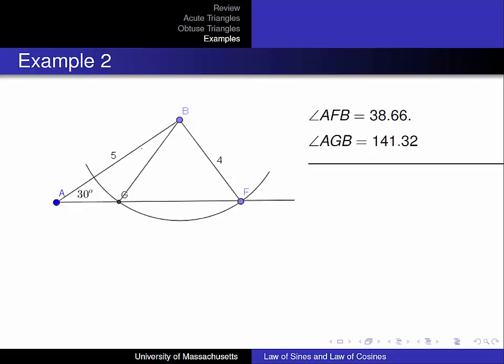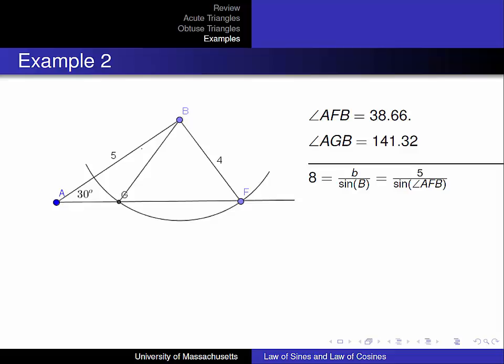Now to solve for the remaining sides and angles, side AG and side AF, we're going to have to use the law of sines twice. First, plugging angle AFB into the law of sines, we get that 8 equals b over sine B equals 5 over sine AFB.